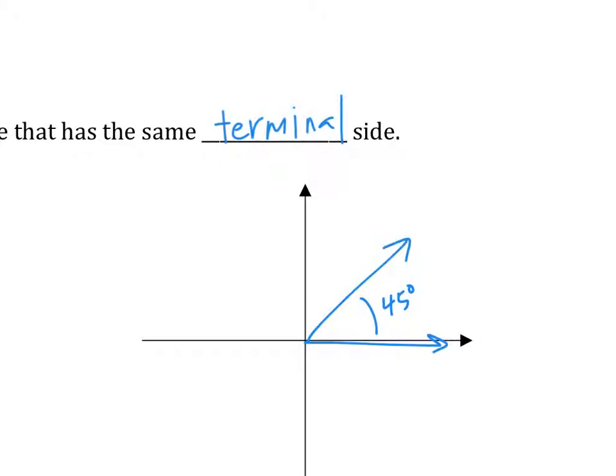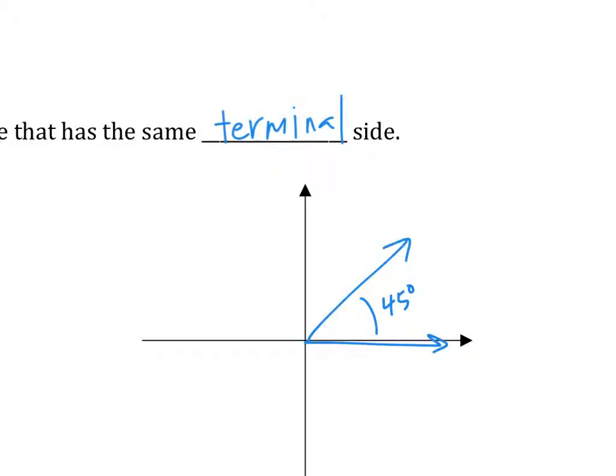Negative 45 is right here though. 315, yes.